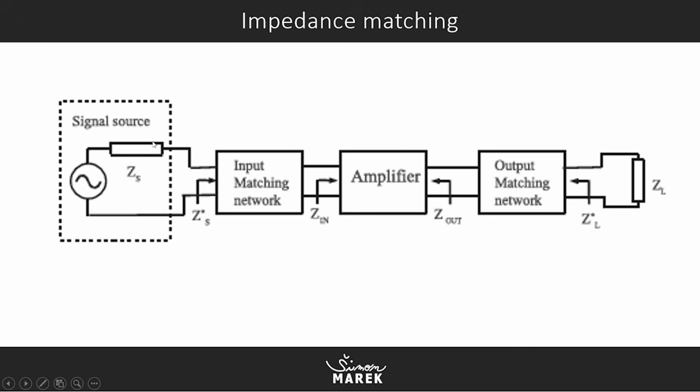All the power we want to deliver to the amplifier gets amplified and not reflected, so it's matched at a specific impedance, preferably 50 ohms, and it is matched at the output as well. So the amplifier is working at this maximal performance and stable and everything.